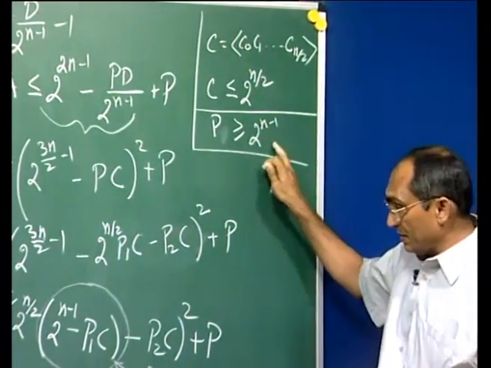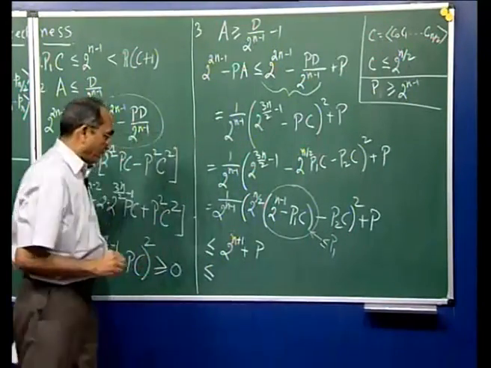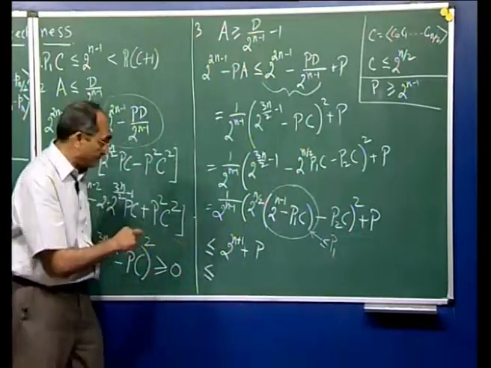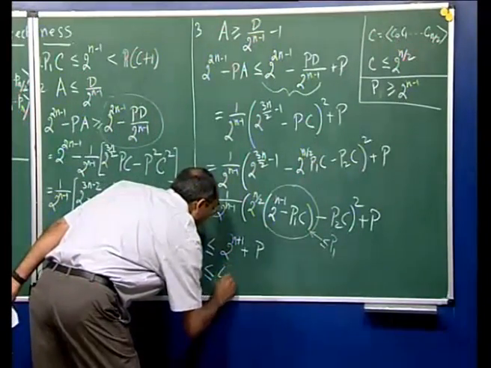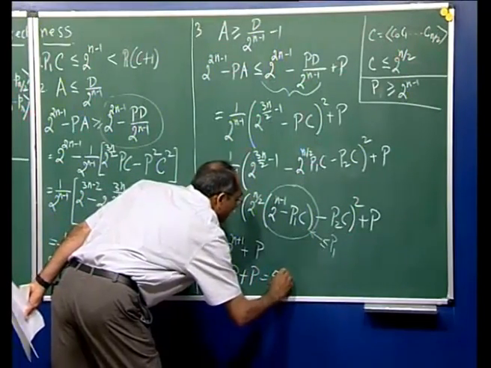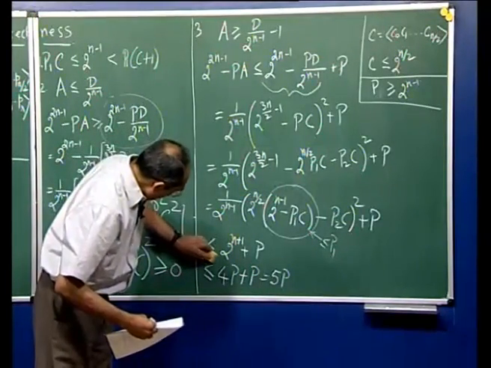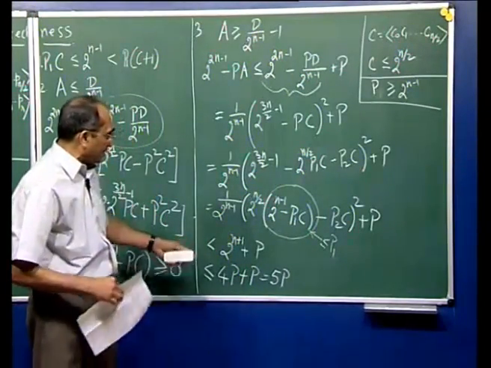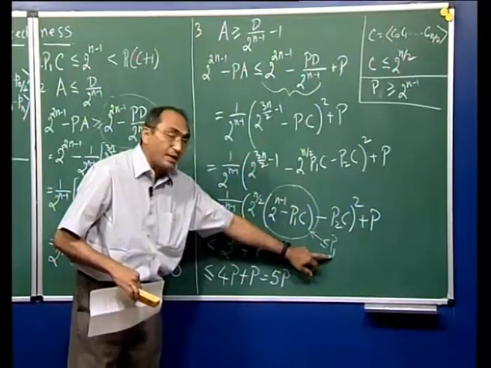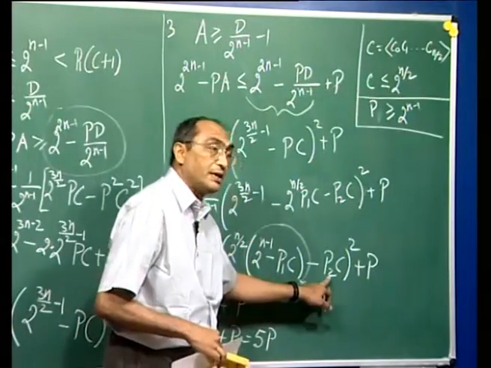Using this inequality, I can bound further and say this has to be less than or equal to 4p. So, this is less than or equal to 4p plus p, which is 5p. And actually, this is strictly less. The reason is, in here this was strictly less than 2 to the power n by 2, and here this was strictly less than 2 to the power n by 2.